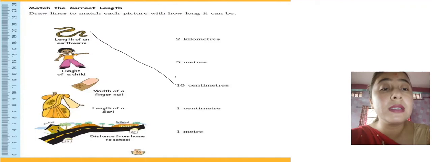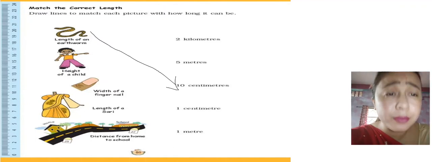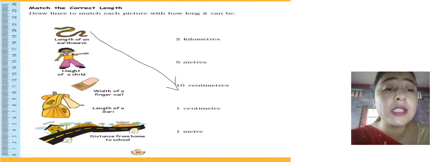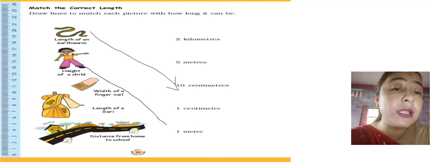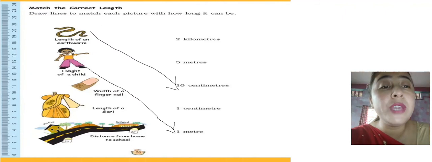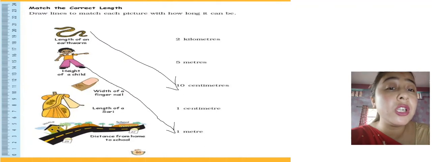Next, excuse me children, height of a child. So the height of a child can be 1 meter. Yes, she can be 1 meter. So let us match it with 1 meter. Width of a nail. The width of a nail is very short, so it can be 1 centimeter.